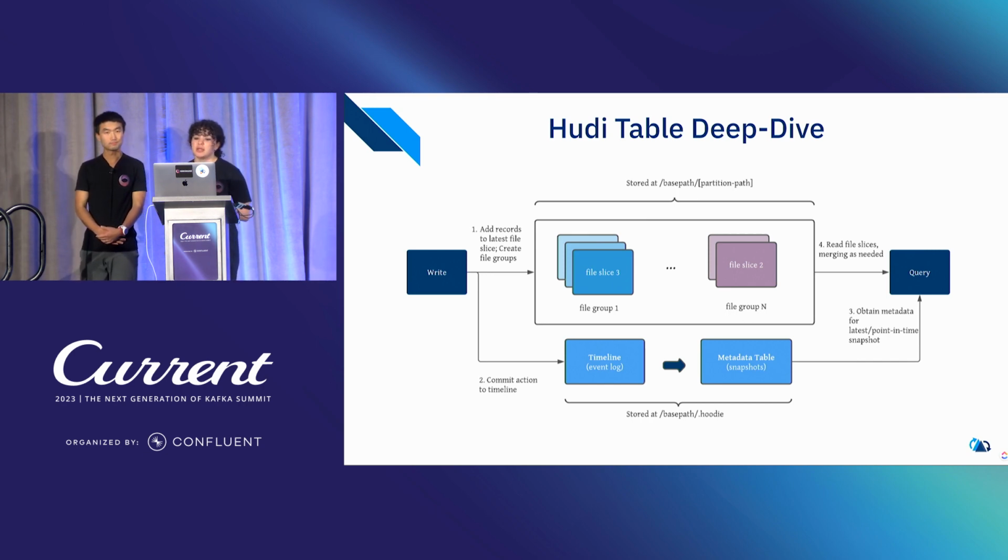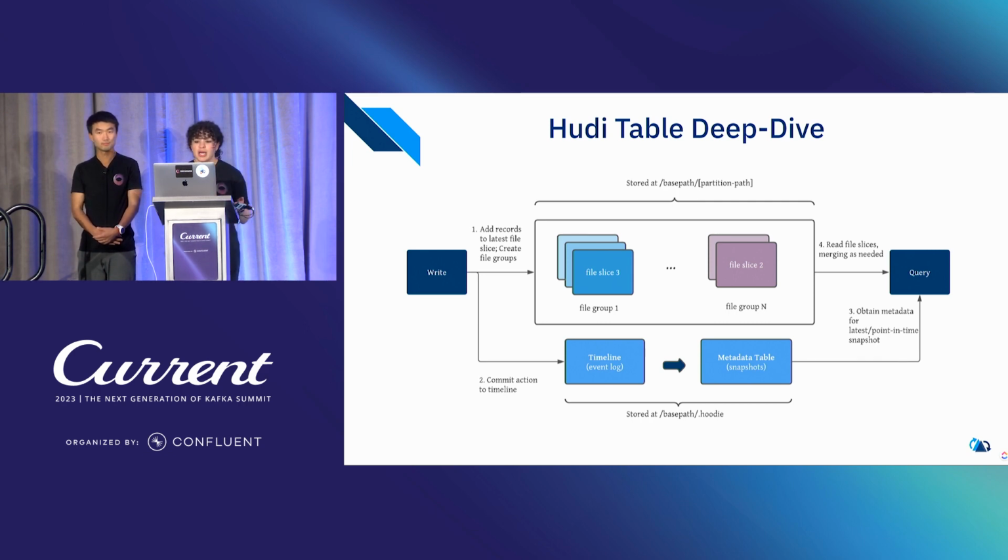Now, when a write comes in, the records are written to the file slices, and each record has a key that is mapped to a particular file group. There are a couple of advantages to the way that Hudi has its file layout. On the right side, if you're writing to a Hudi table and you have multiple table services running, which you would if you're in prod, alongside the ingestion, the services don't block each other because Hudi has a multi-version concurrency control mechanism.